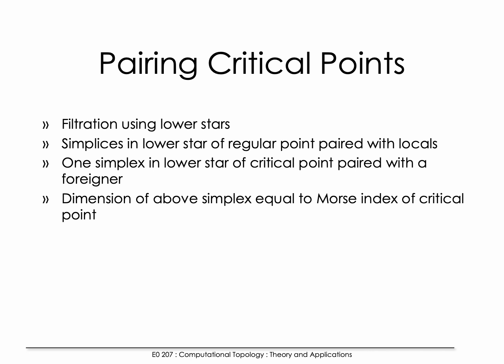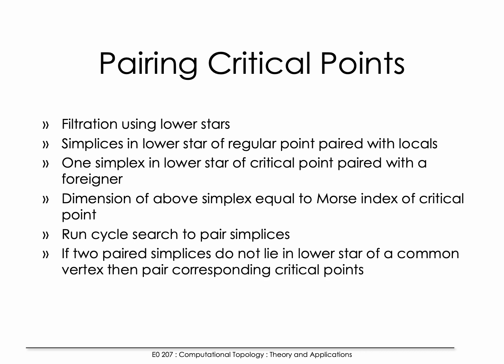And the dimension of the simplex, as you will notice, is related to the index of the critical point. Since you pair simplices of dimension that differ by 1, we obviously have the critical points that are paired also differ in index by 1. I mentioned that we run the cycle search to pair the simplices that lie outside the local neighborhood in order to find the pairs of critical points.